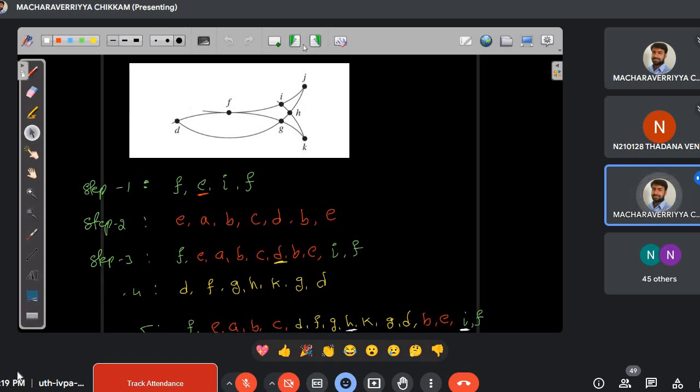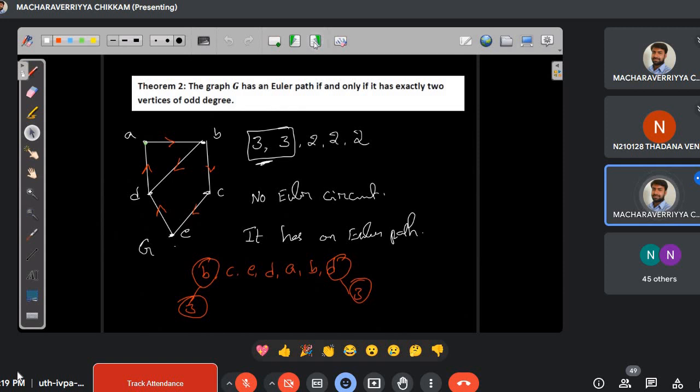Like that you are going to find the Euler circuit. All right. Whereas to find an Euler path, we have to see a simple path first. In step one, you start with a simple path, and later you try to find the simple circuits. Okay. Now you join all of them, then you are going to get an Euler path. So these are the algorithms we follow to find Euler paths and Euler circuits.